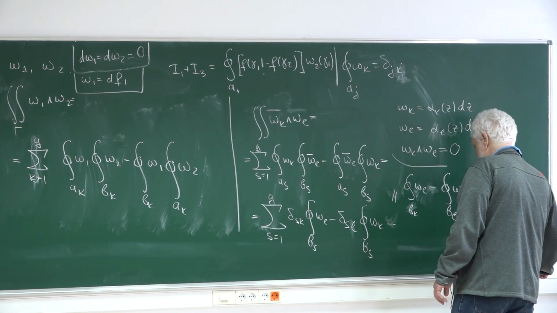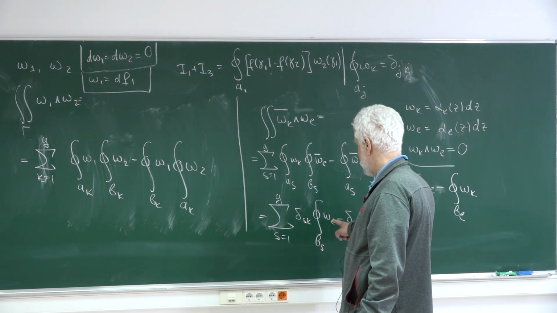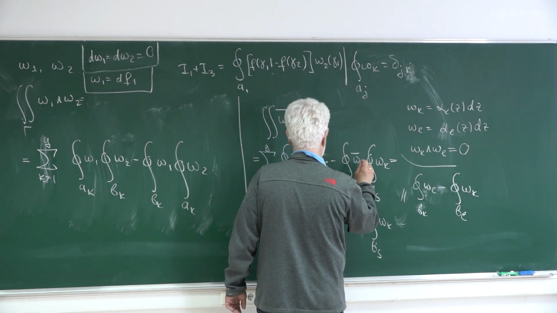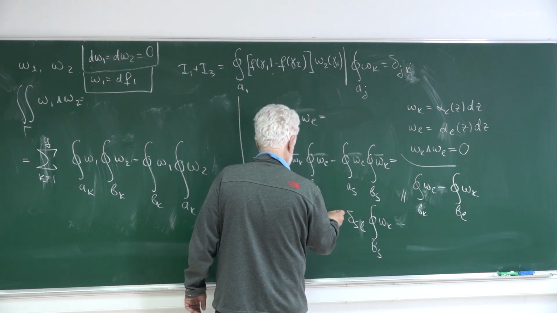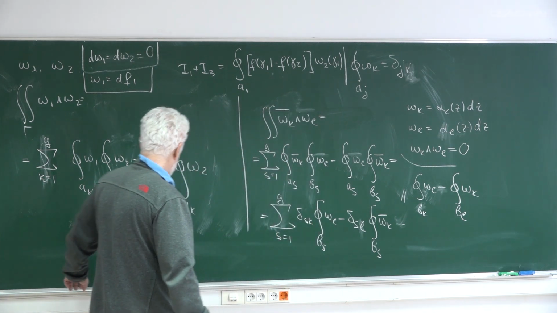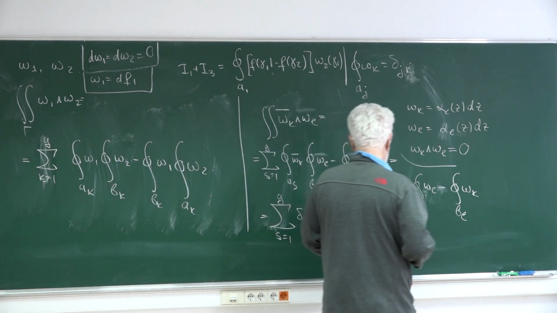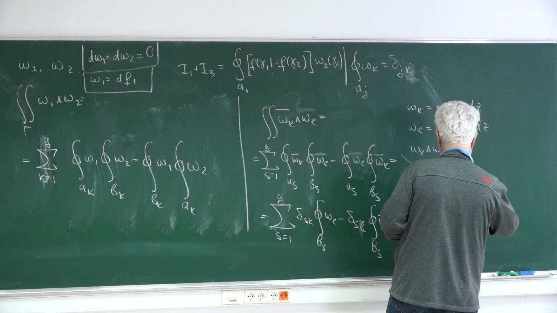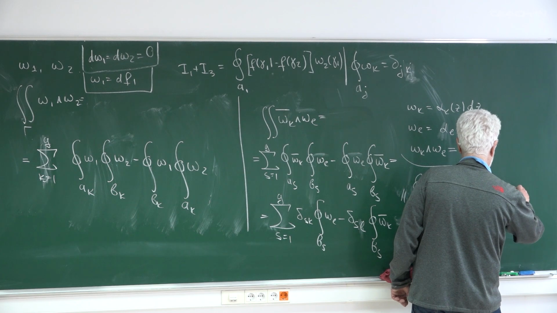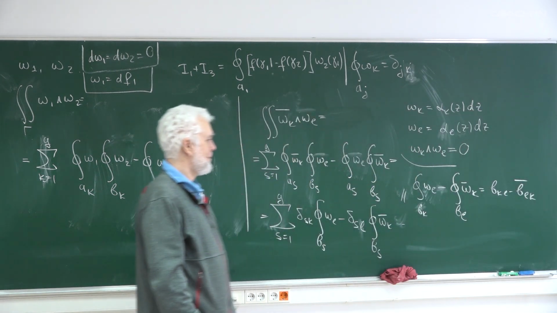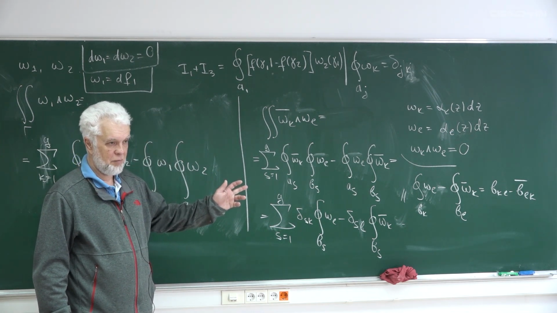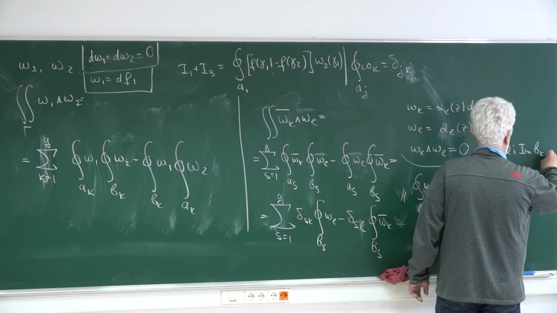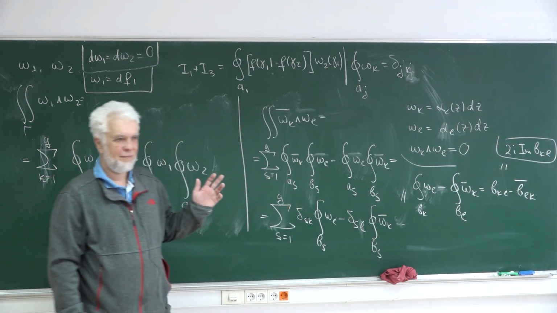And the matrix of this Hermitian scalar product is B. But what we obtain here is symmetric, so 2 times 2i in B_kl. You agree?